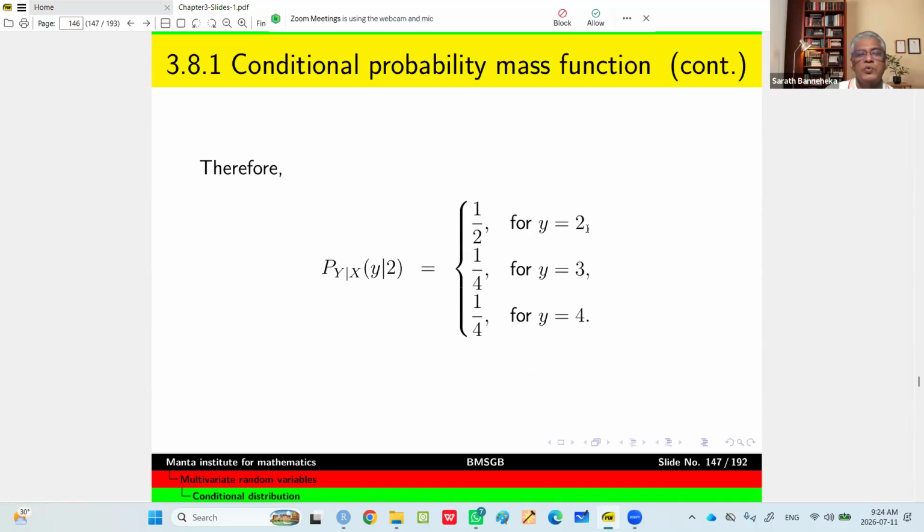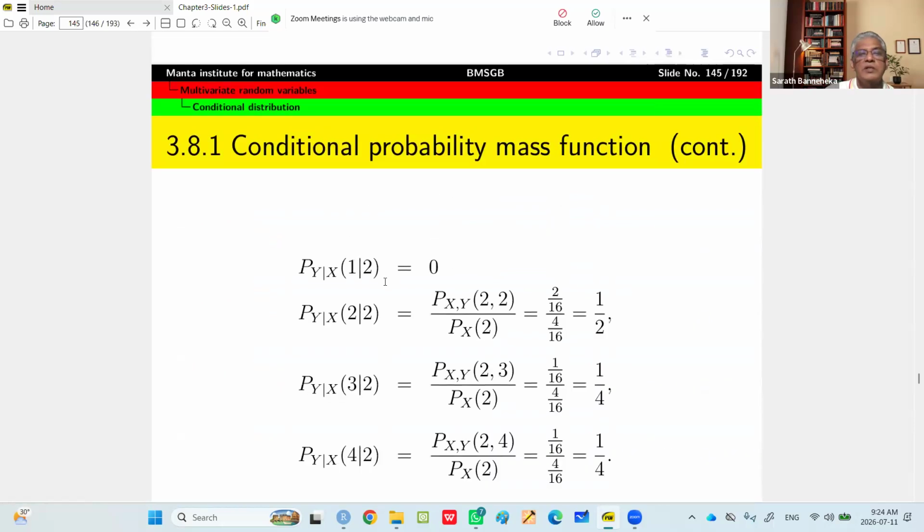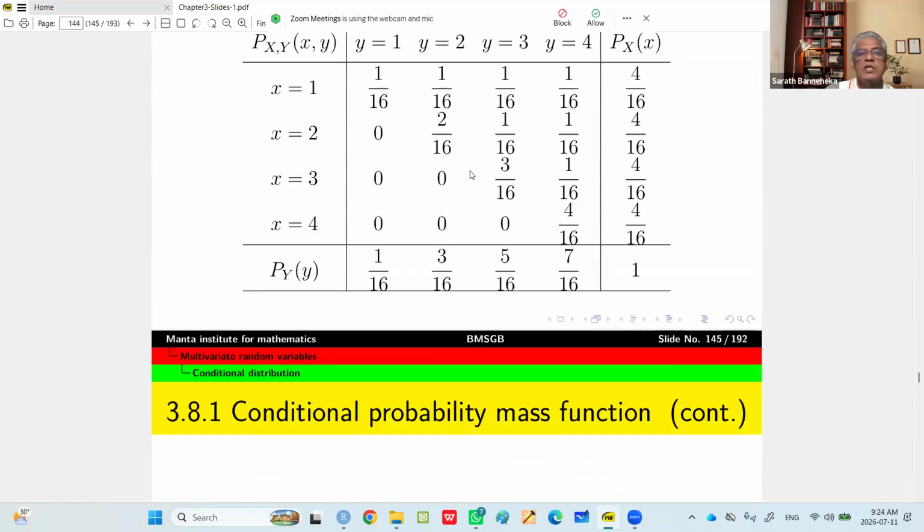When y is equal to 2, this conditional probability is 1 over 2. Similarly, we can talk about the conditional probability of y given x equal to 3. In that case, we'll be looking at this row here, but these joint probabilities have to be normalized by dividing by 4 over 16 to make those numbers add up to 1 and make the conditional probability mass function when x equal to 3 a separate mass function.